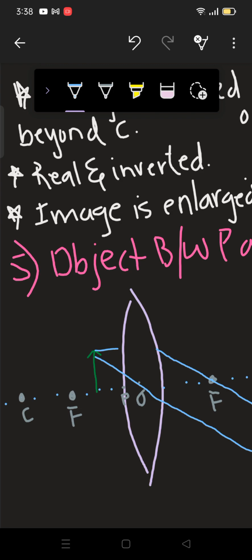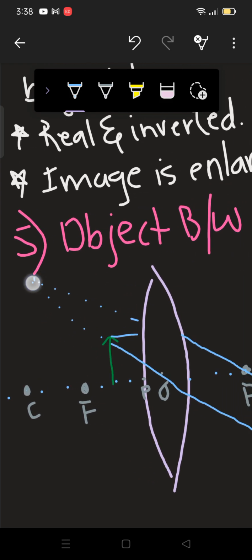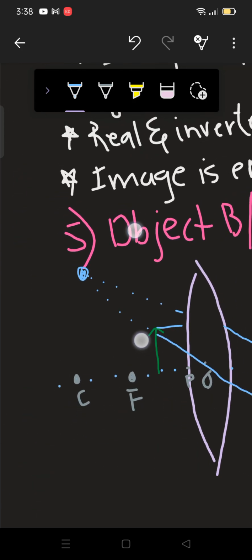Alright, but if I do consider this, they appear to diverge. Alright, if I do take this long and I do meet this as well. So as you can see here, the image would be formed here somewhere. Alright, the image would be formed here somewhere.